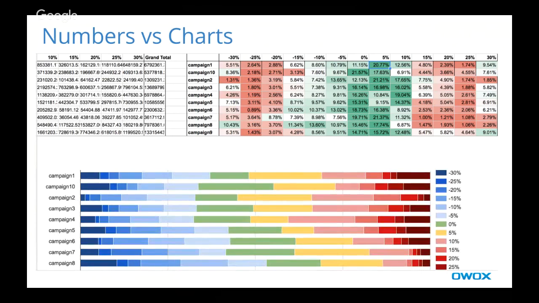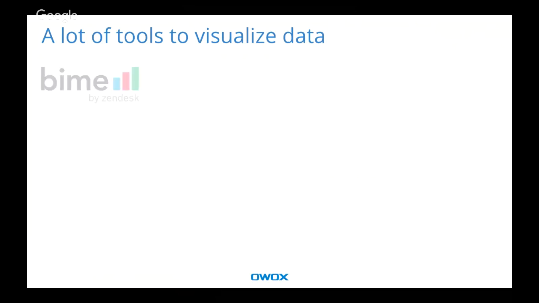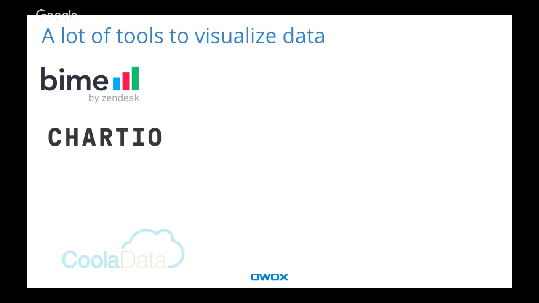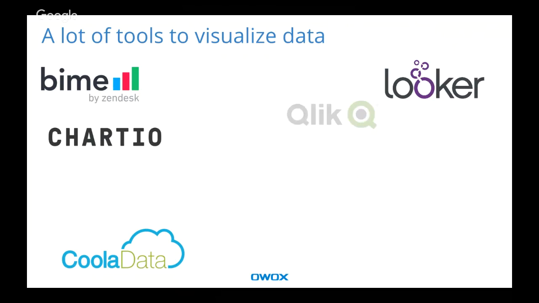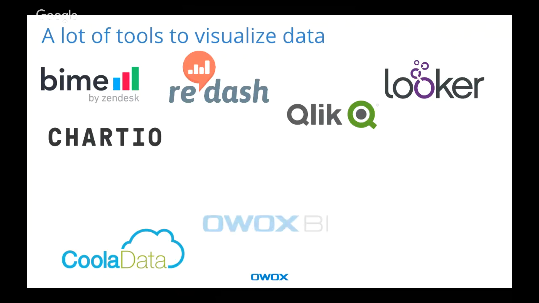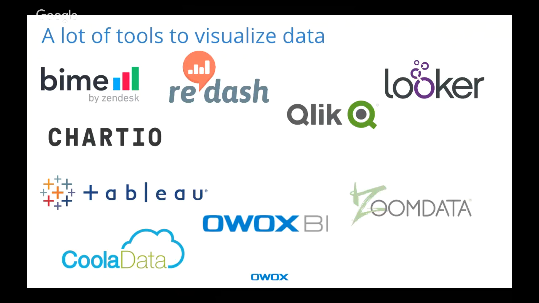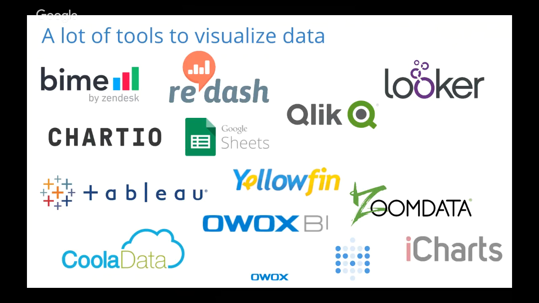But if you create a report and some visualization, agree that this kind of data visualization will be much better than just the table view. And currently we have many different tools on the market to visualize analytics data, and it is really difficult to choose which one will work best for you.